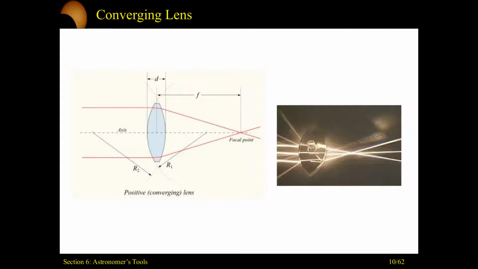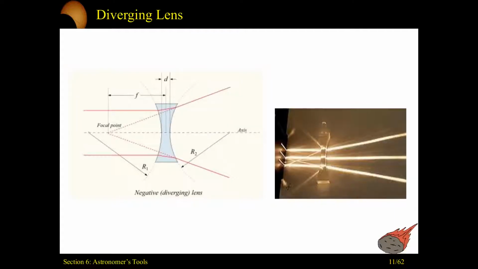Well, instead of focusing the rays, we could also diverge the rays. So instead of having a convex geometry, I could go to a concave. Think of it as caving inwards. And this is our example of a diverging lens. So in this case, I'll send my rays in nice and parallel.